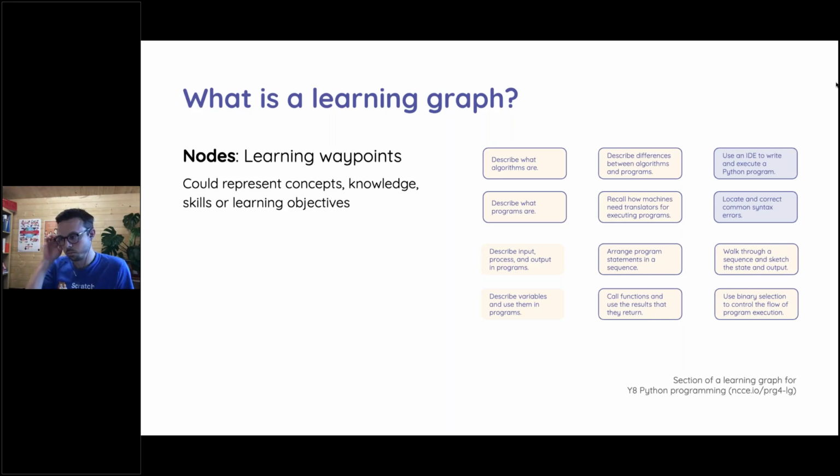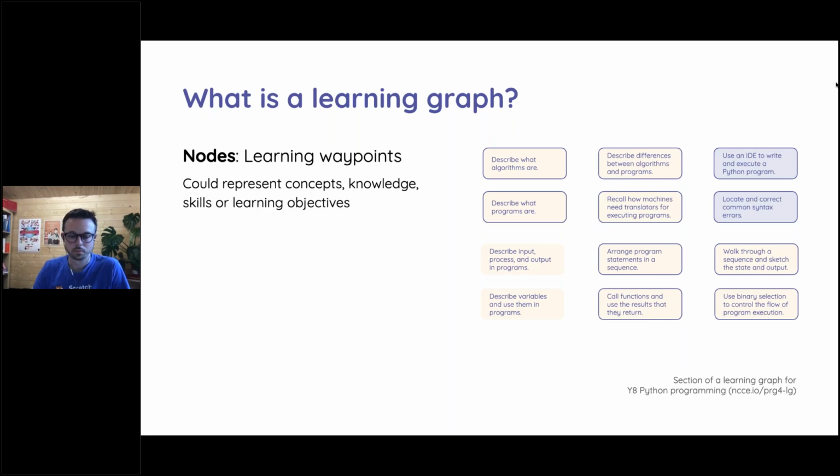And the first part of this is describing what they are. As with any graph, a graph is a network of nodes. In learning graphs, our nodes would be anything that a learner would find across their learning pathways. So it could be concepts, it could be skills, it could be knowledge.